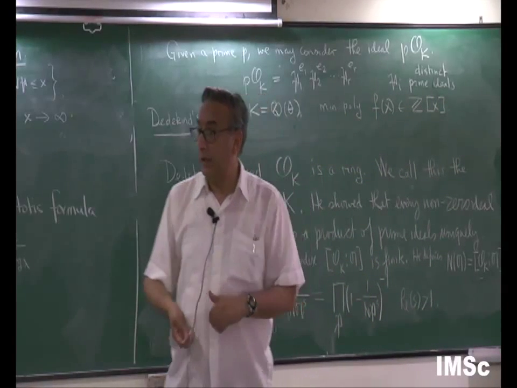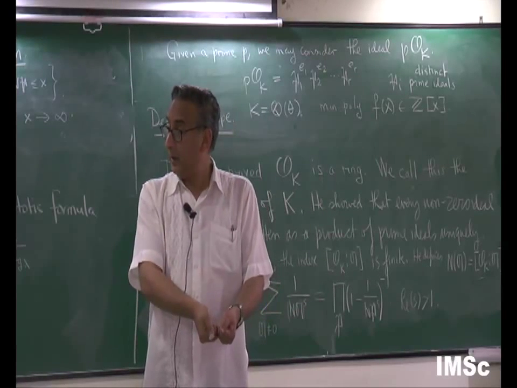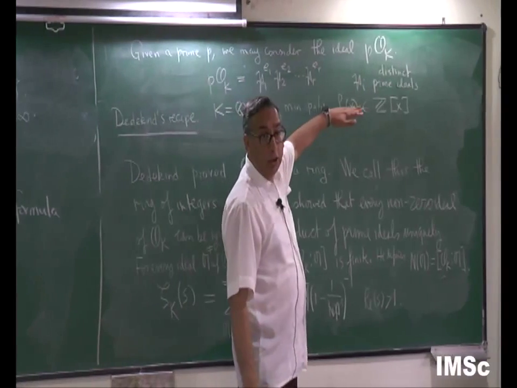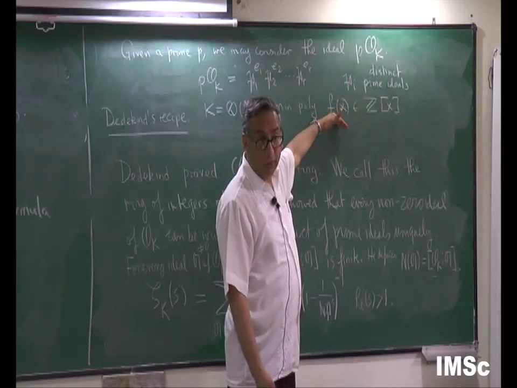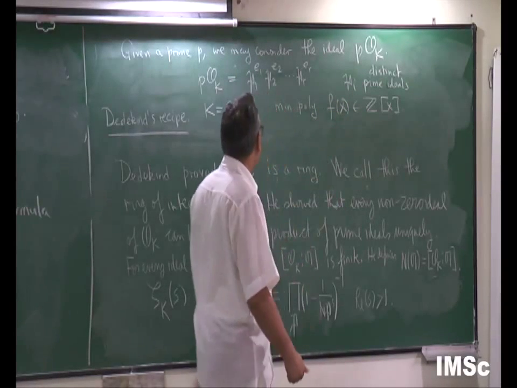So suppose my field looks like Q(θ), where θ is a root of some irreducible polynomial f(x). The minimal polynomials are irreducible, of course, you know that, right? So f(x) is irreducible.